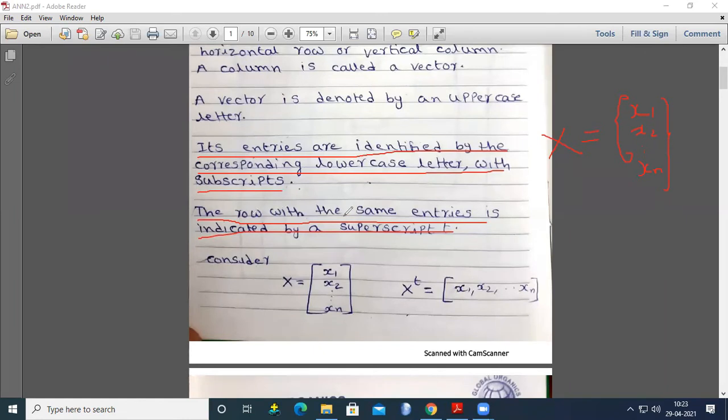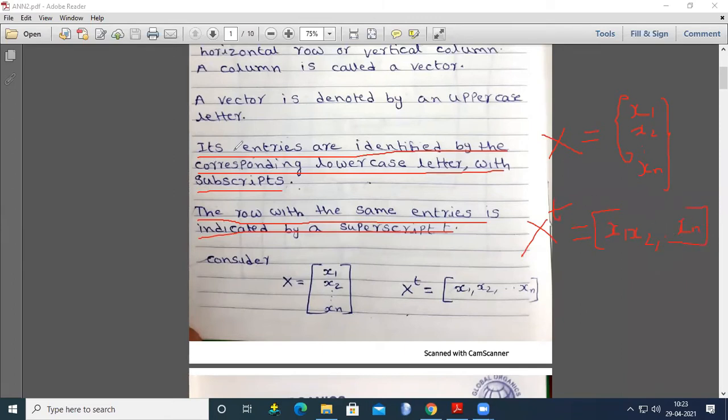The row with the same entries is indicated by a superscript t. So x transpose equals x1, x2, and so on up to xn.